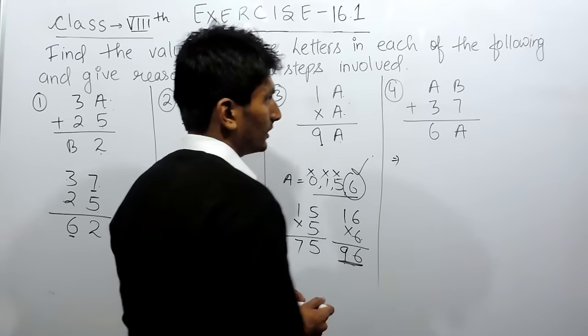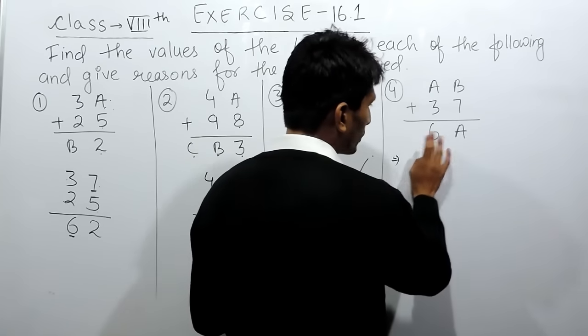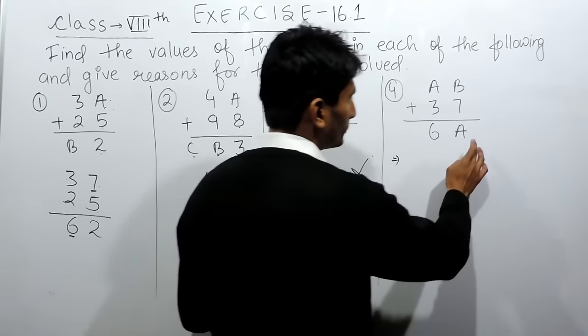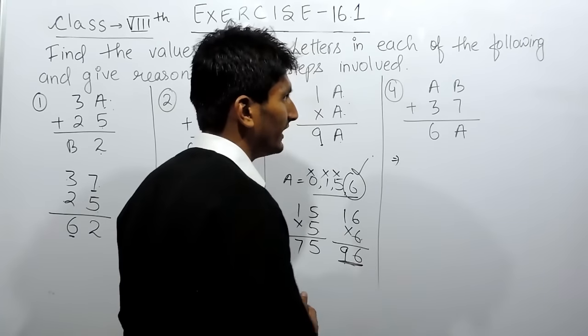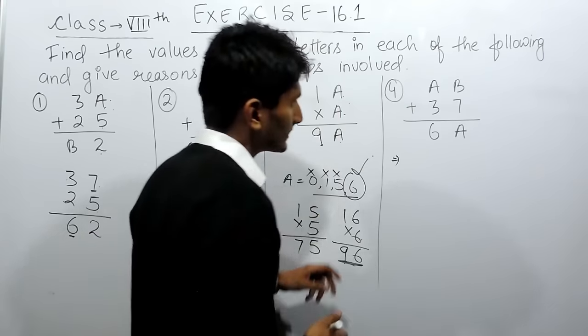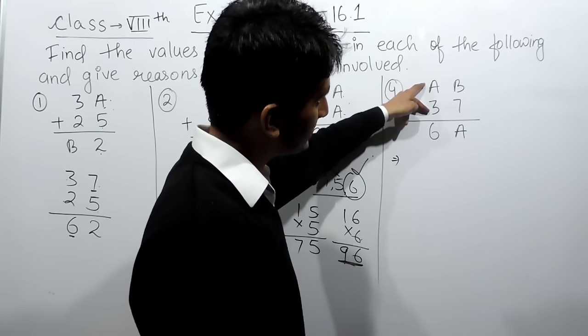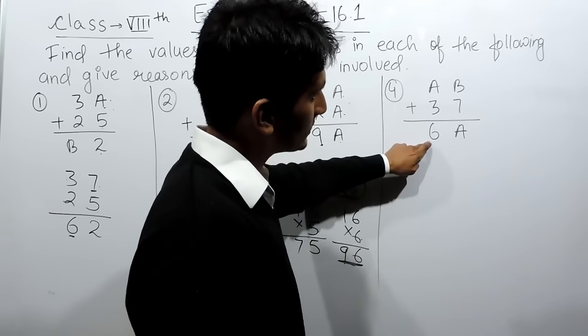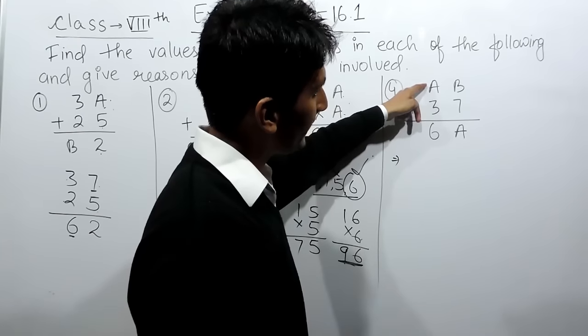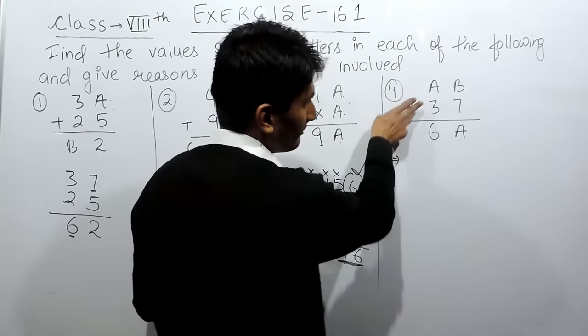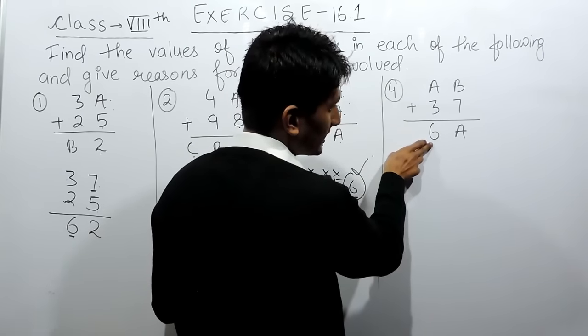In this case, it is better to suppose from the left, because from the right, it will make your calculation very difficult. In this case, I have to add 3 with something and the result is 6. So what are the possible values of a here? Obviously, if I add 3 plus 3, the result will be 6.